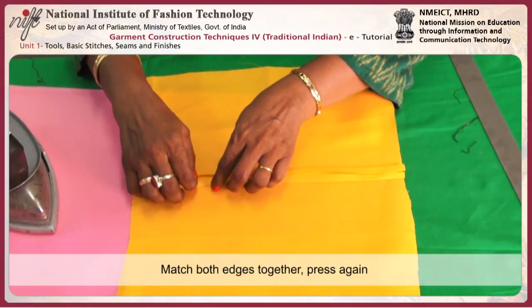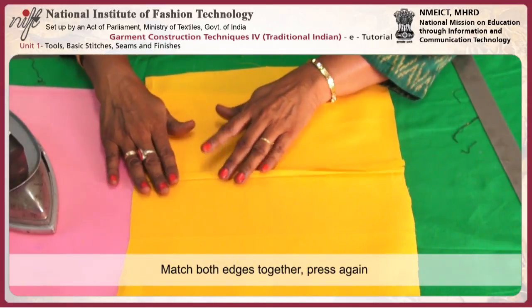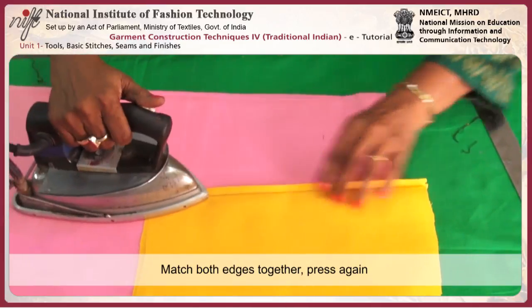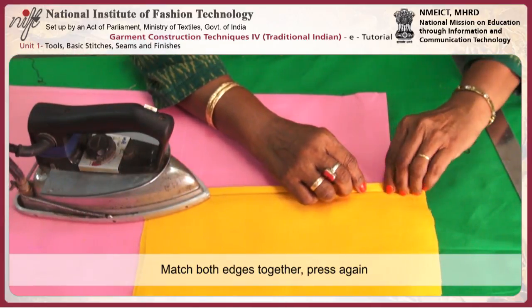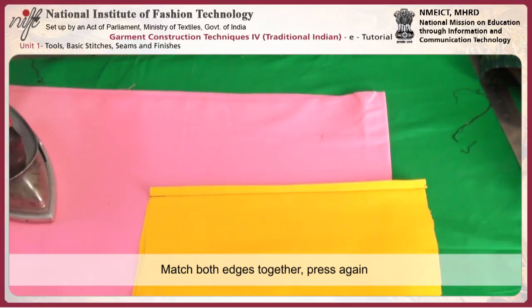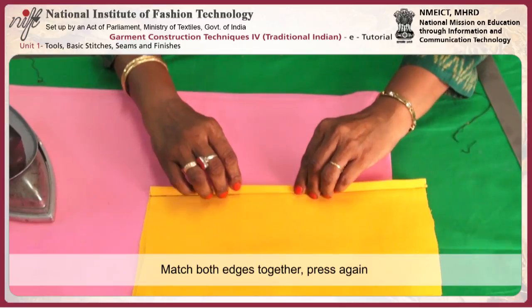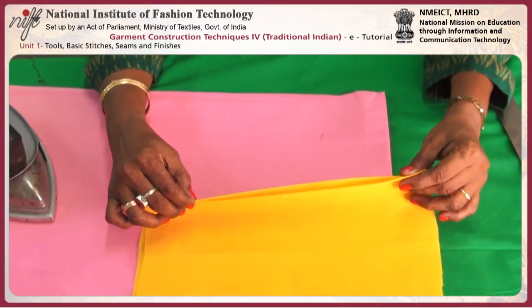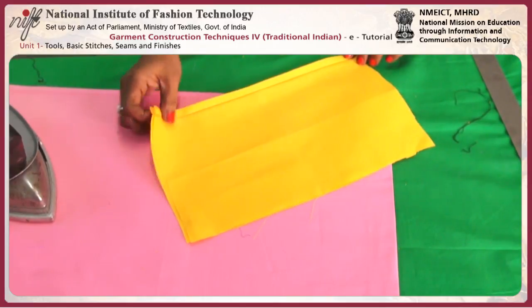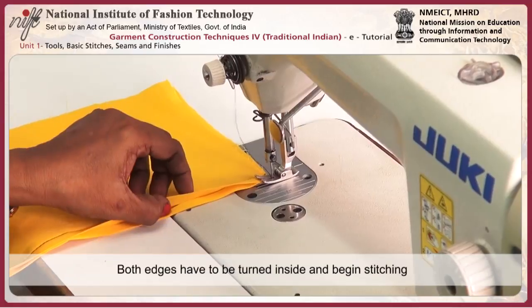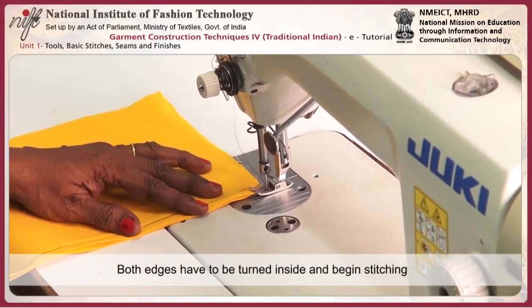Now match both the edges together. Do another press. So we are going to stitch this edge. Both the edges are turned inside and start the stitch again.